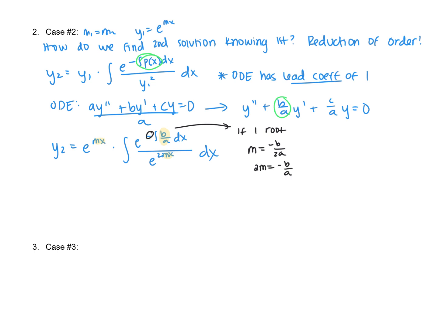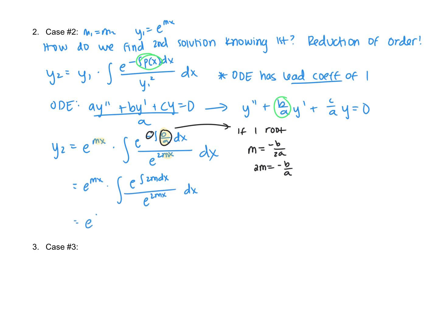Well, if I have negative b over a, that's 2m. So I can substitute that back in. So I get e to the mx times the integral of e to the integral of 2m dx over e to the 2mx dx.